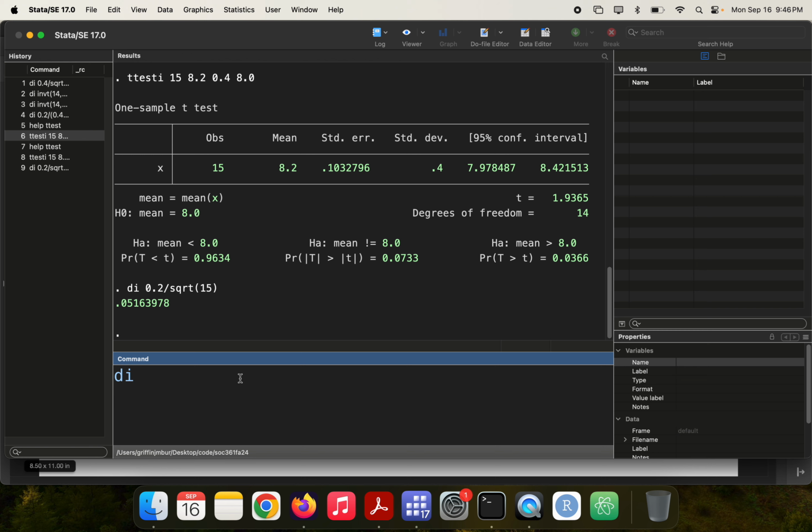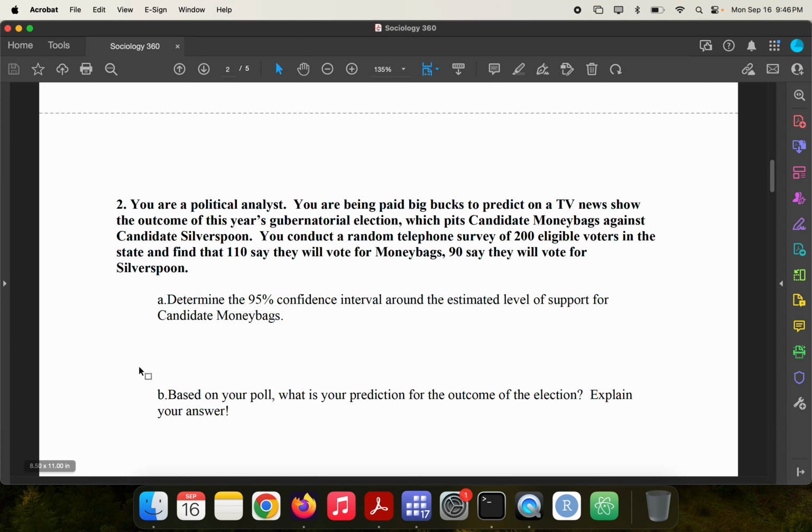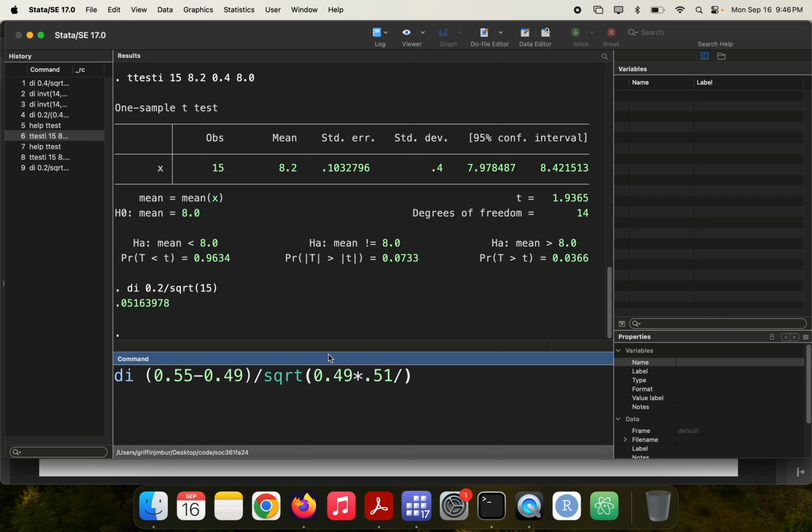So we can just write display, our observed proportion was 0.55 minus the proposed proportion of 0.49, and then divide that by the square root of 0.49 times 0.51. You can just write this out. You don't actually have to solve for that, of course, or you can solve for it mentally is what I mean. And then the number of voters was 210. Okay, so that's the idea here.